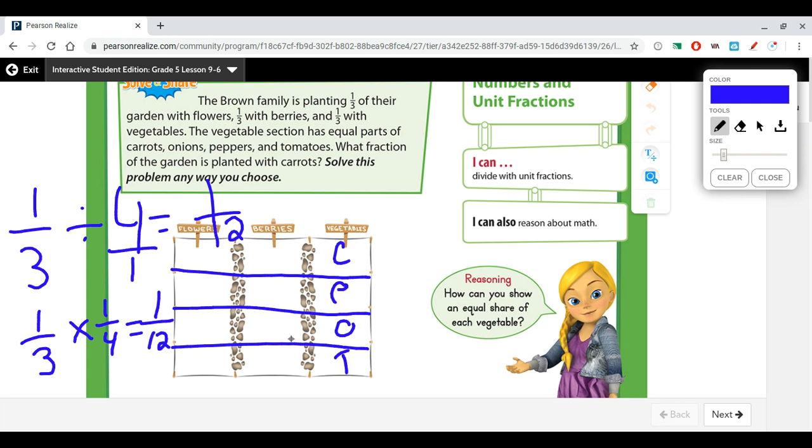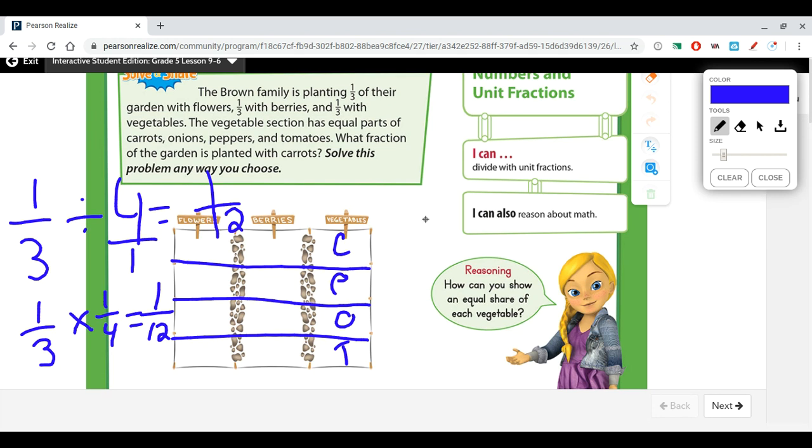Okay, and then it says write an equation that models this problem. I'm going to look back and explain the reasoning. So here is my equation that models this problem: 1/3 divided by 4 equals 1/12. So 1/3 represents each part of the garden. And then the 4 represents the different parts of the garden that we planted. And then 1/12 represents the part of the garden that we did with carrots.